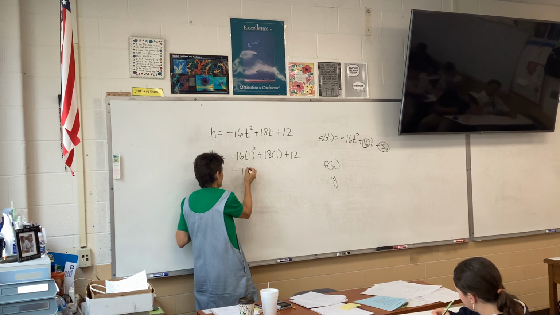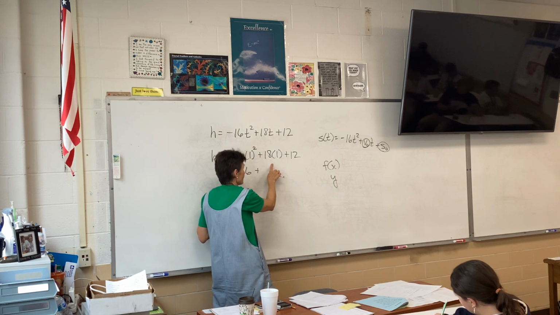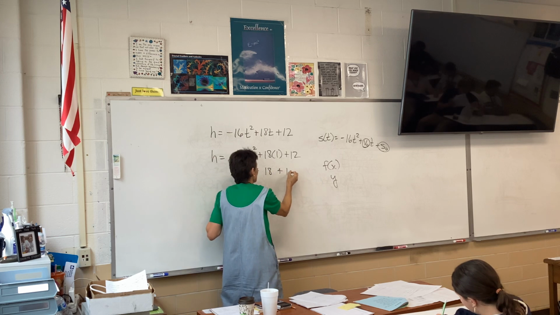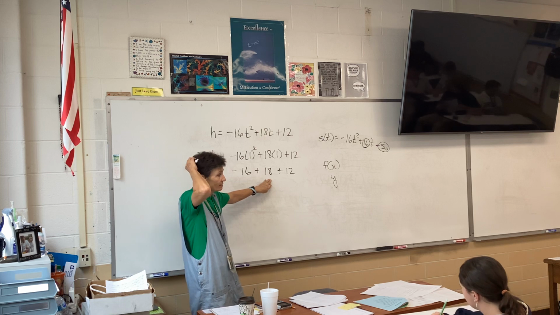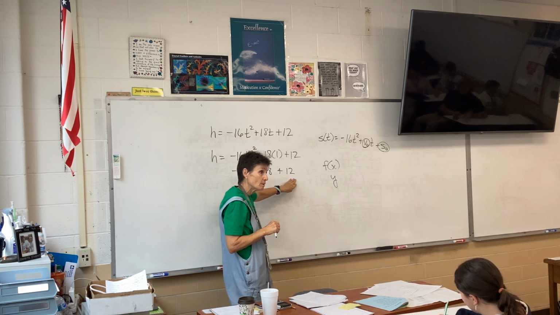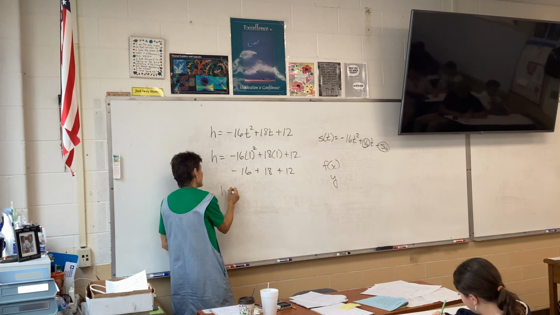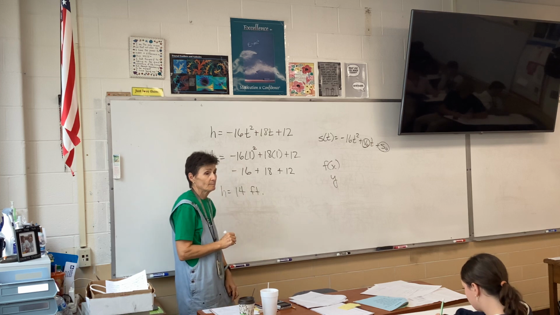Negative 16, not negative 1. What's 18 times 1? 18. All right, so now we add. What's negative 16 and 18? 2. So how high is the ball above the ground? 2 feet.